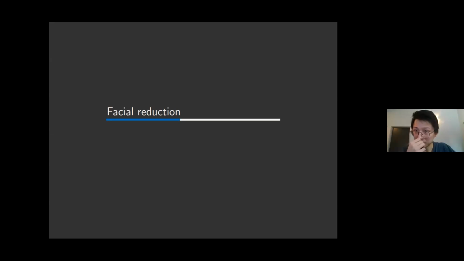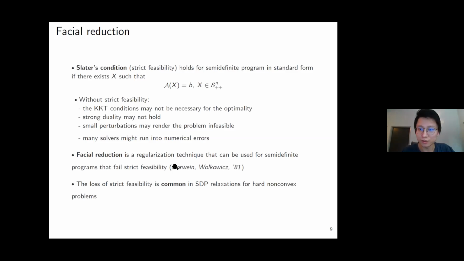All right. Let's move to our second topic, feature reduction. So, Slater's condition, or sometimes called strict feasibility, is a constraint qualification for convex optimization problems.